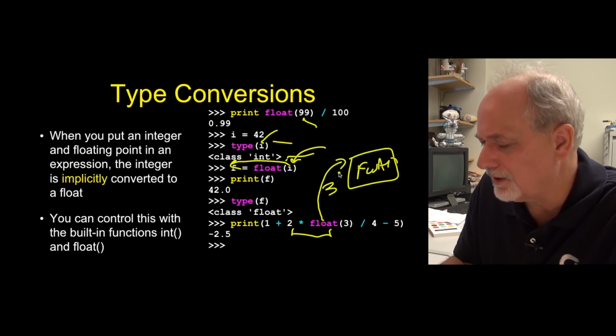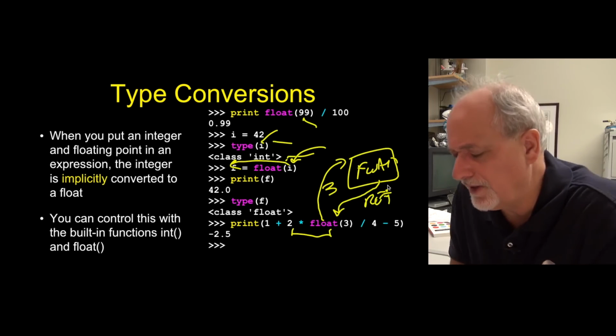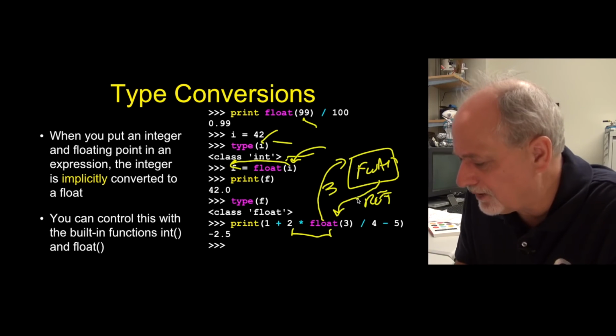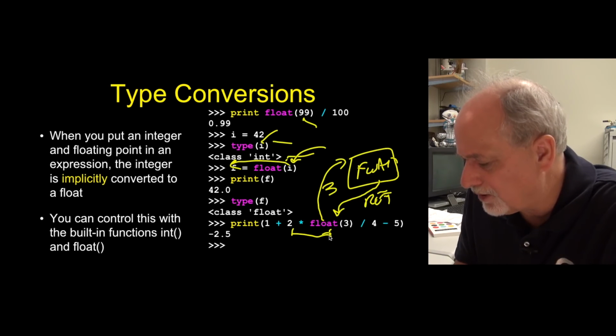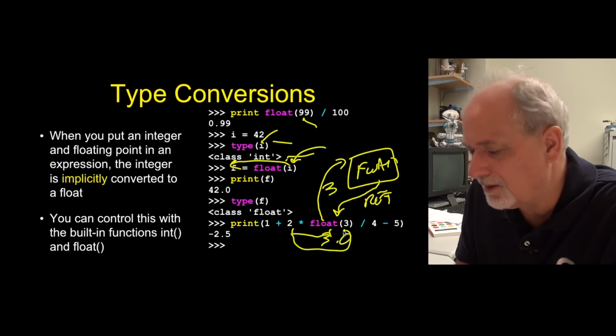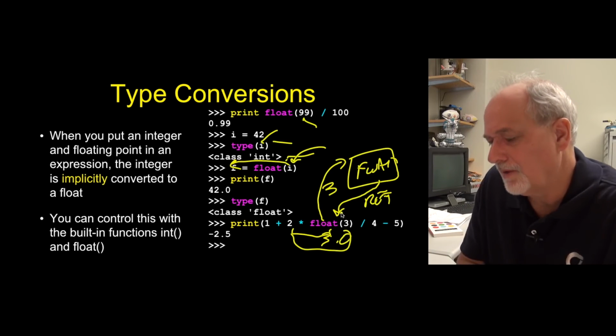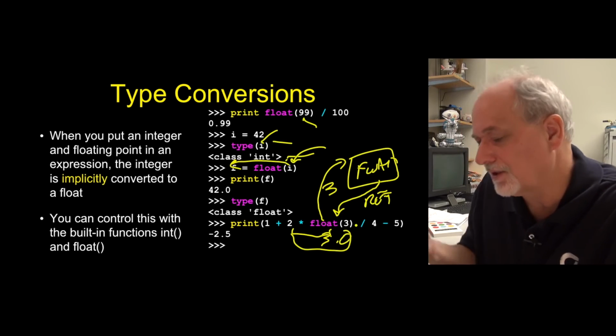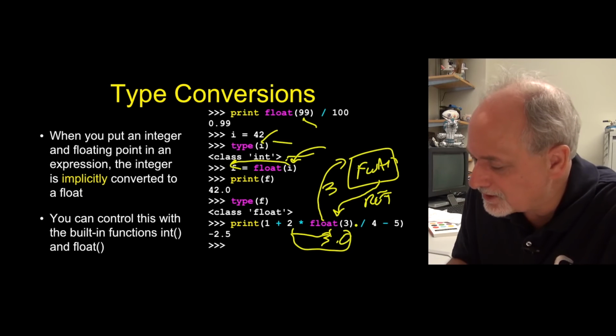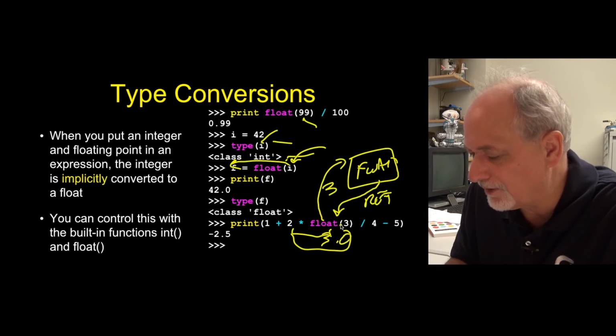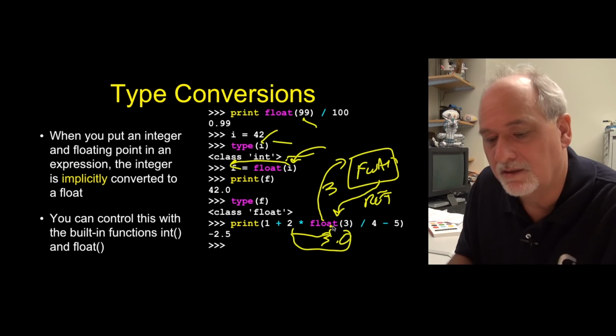Pass a 3 into it, and then the return value, the residual value, comes back, and in this case it's going to be 3.0, and that participates in this 2 times 3.0. And so 2 times 3.0 then ends up being 6.0. But you can see, I've got to figure out what this is, call the function, get the return value, and then continue processing this expression.